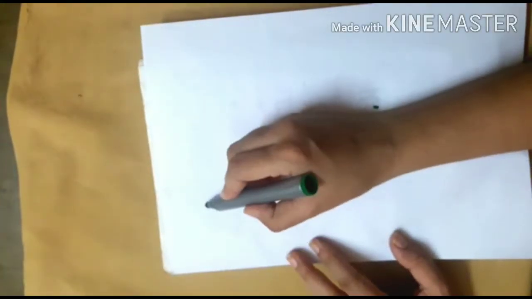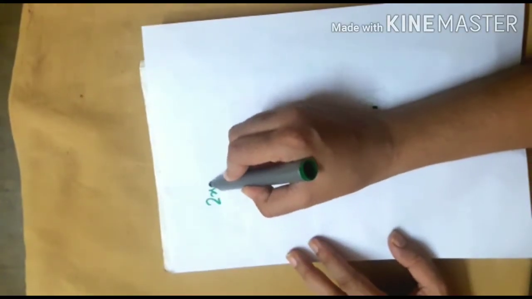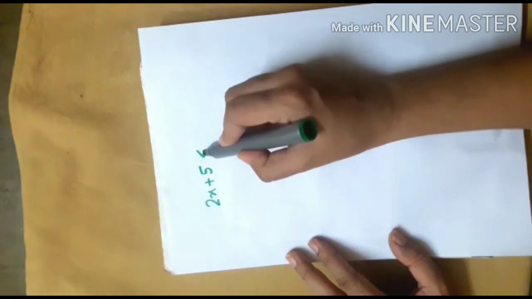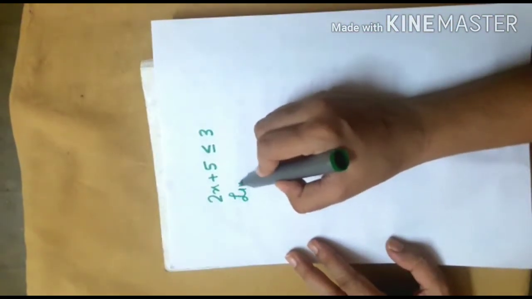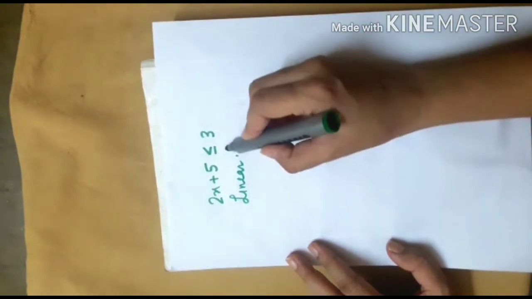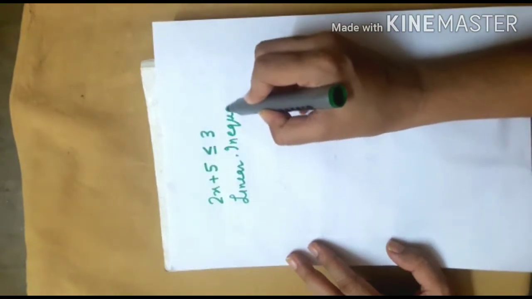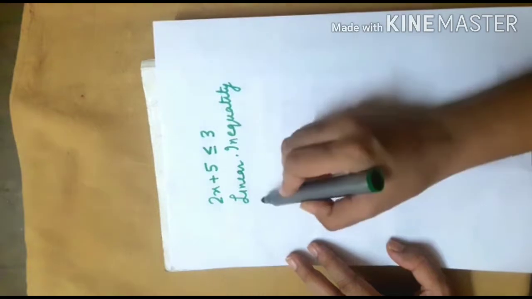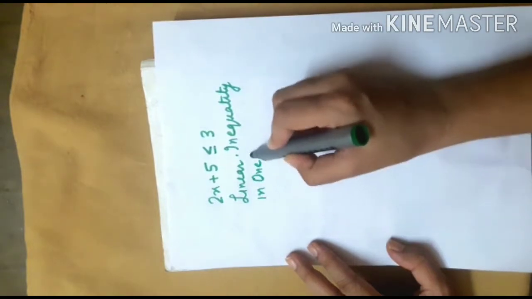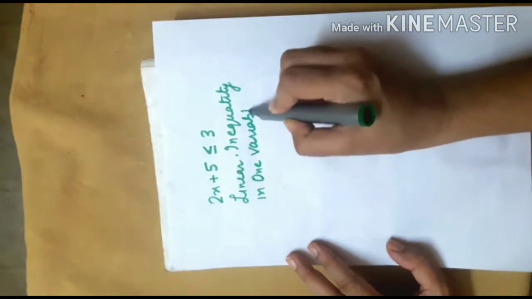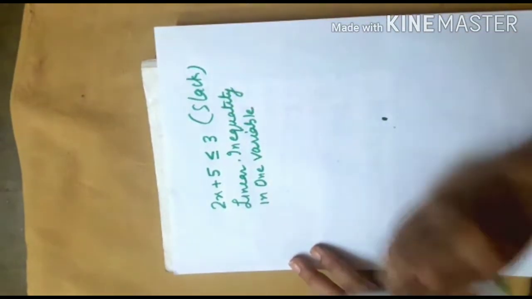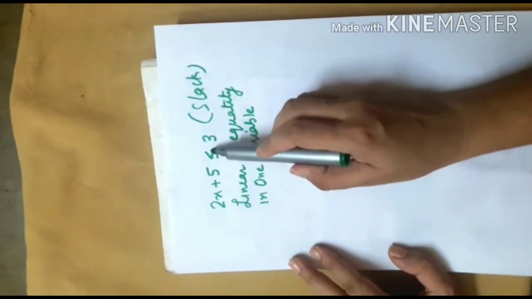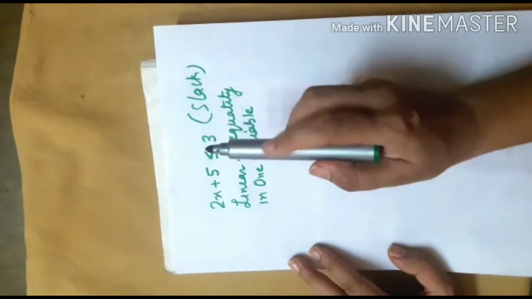So 2x plus 5 less than or equal to 3 is a linear inequality in one variable. And yes, it is a slack inequality because 2x plus 5 is less than or equal to 3.